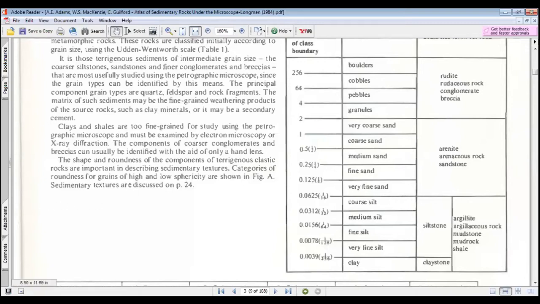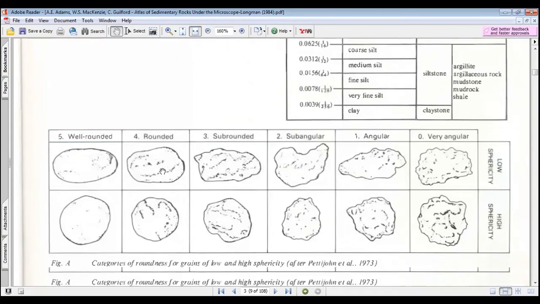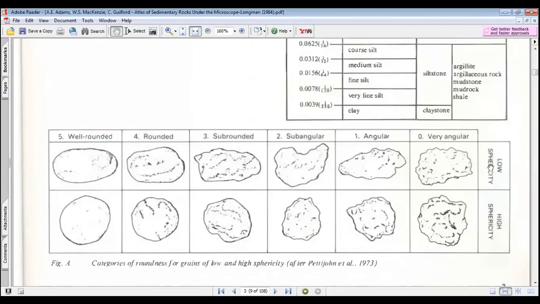Here we have two categories. We call them sphericity and roundness. Sphericity means how much the grain is near to a sphere. If it is very near, then we call it high sphericity. If it is low, then we call it low sphericity.